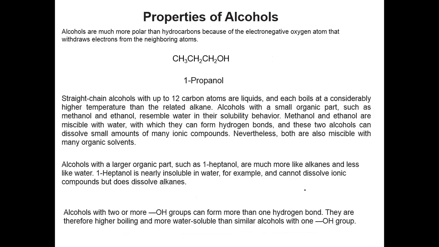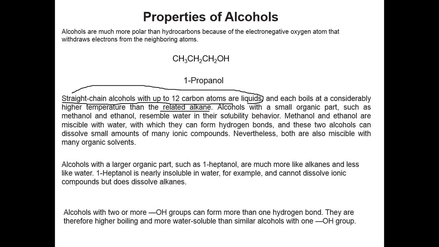Properties of alcohols. What is important here is that straight-chain alcohols with up to 12 carbon atoms are liquids, and each boils at a considerably higher temperature than the related alkanes. So the boiling point of alcohols is higher than that of alkanes. You know why? Because we have hydrogen bonds there, a little like water.